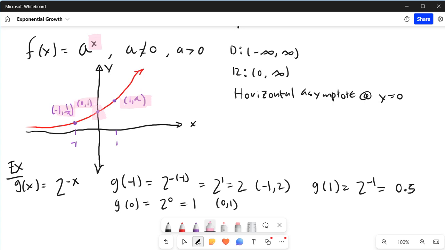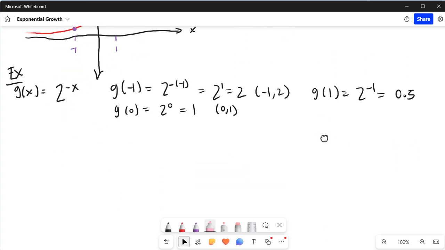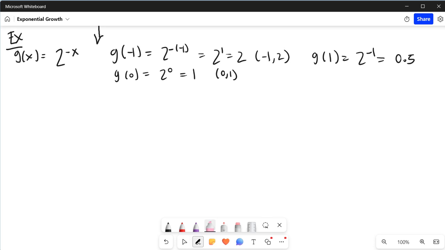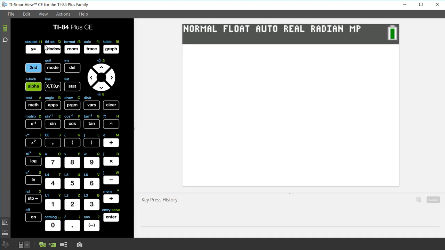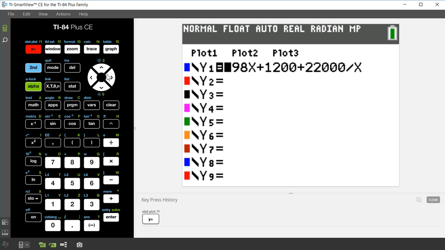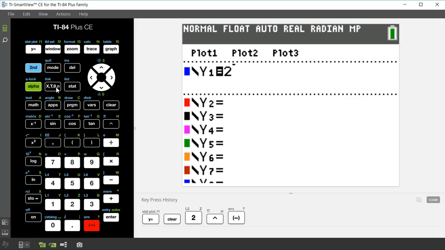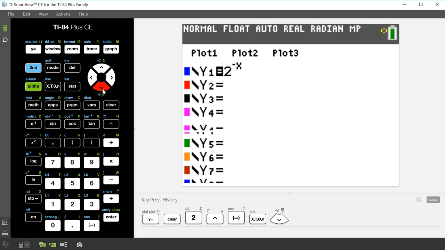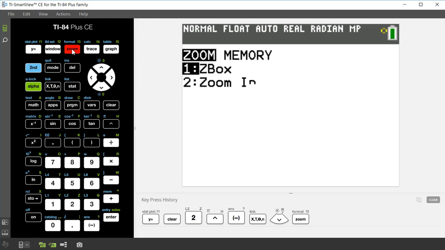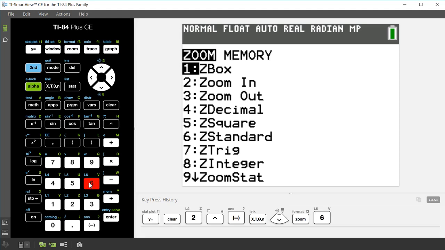We can start plotting points, or we could use our graphing calculator, where we go to y equals, clear that out, and write in 2 to the, okay, we'll use the minus sign, put an x, and then go to zoom standard.